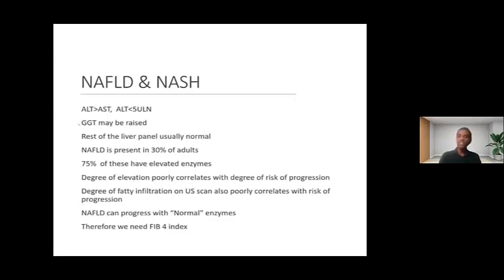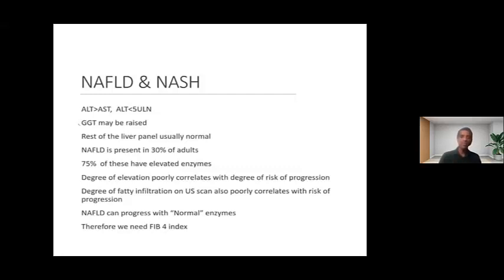Again, the degree of elevation correlates very poorly with the risk of progression. If you see a patient with an ALT of 100 and another patient with an ALT of 60, you can't predict the outcome depending on the level of the AST and the ALT.